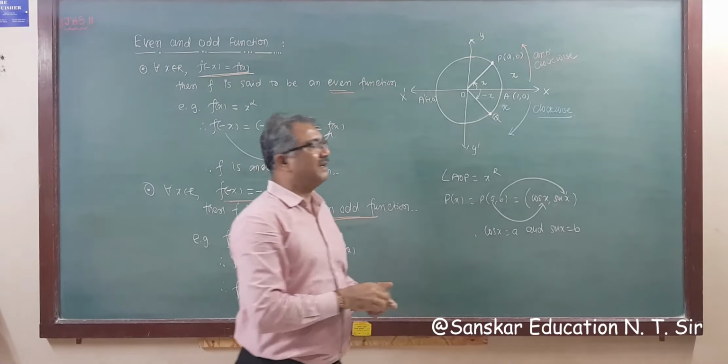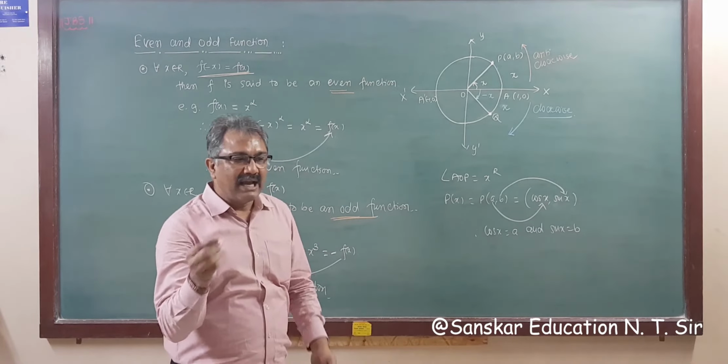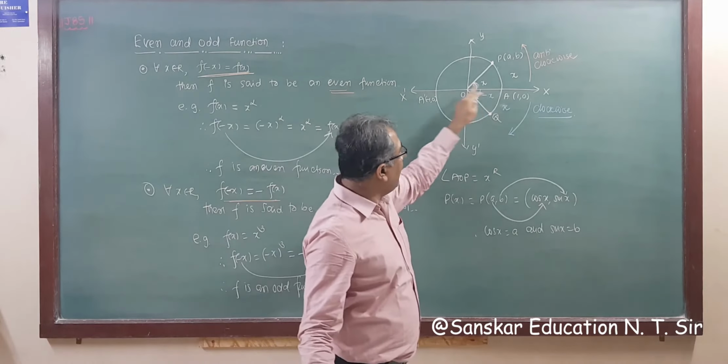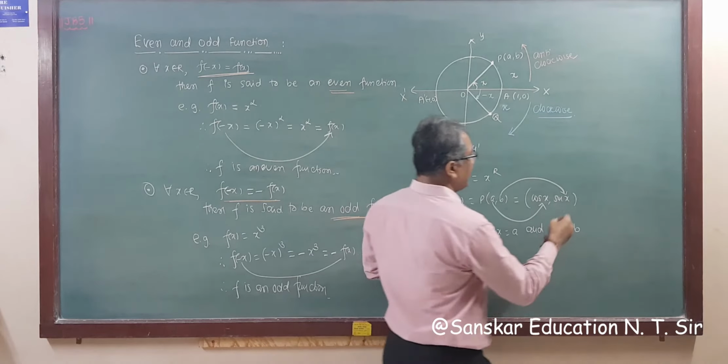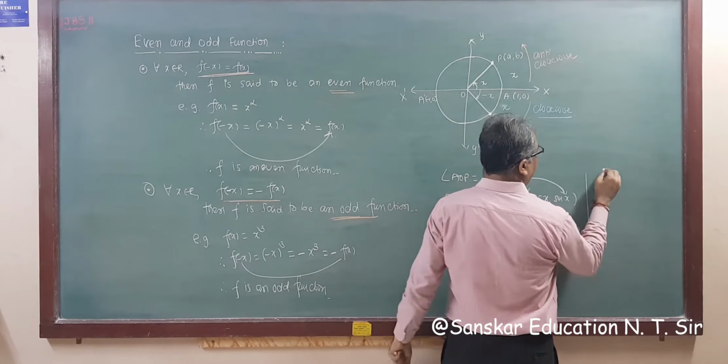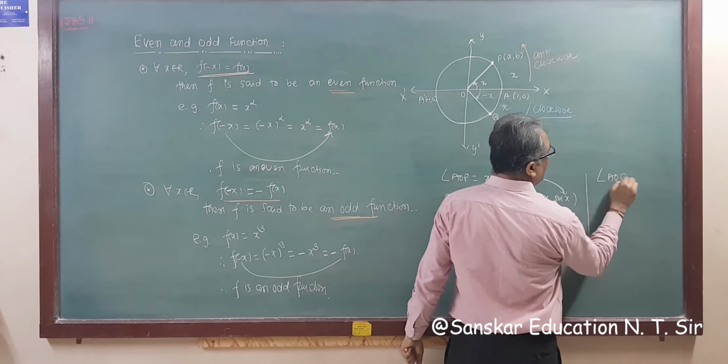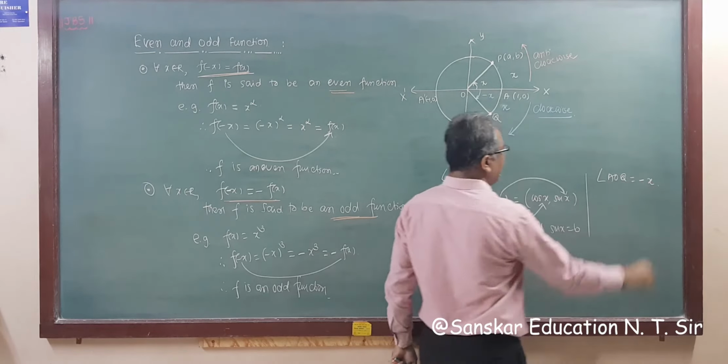In clockwise direction angle is negative, that means angle AOQ is minus x. So angle AOQ is equal to minus x.